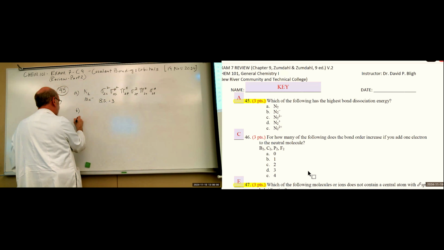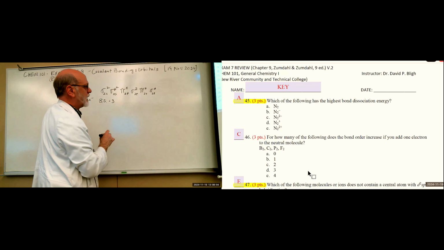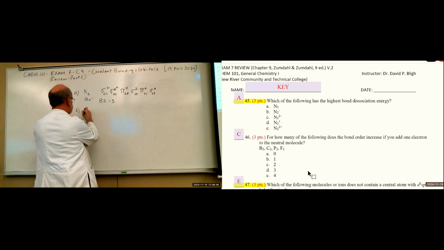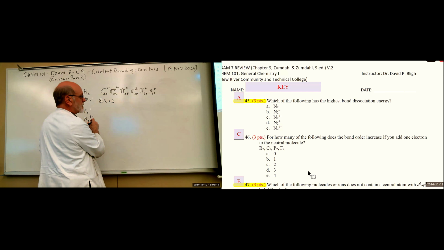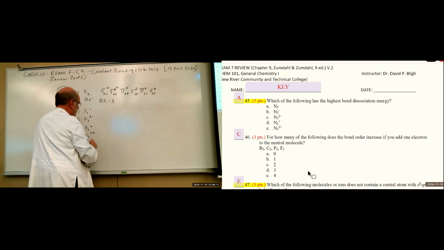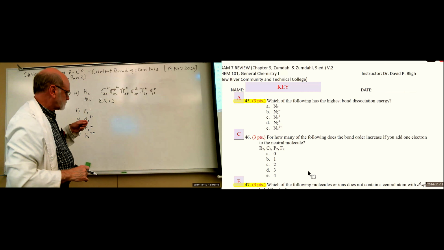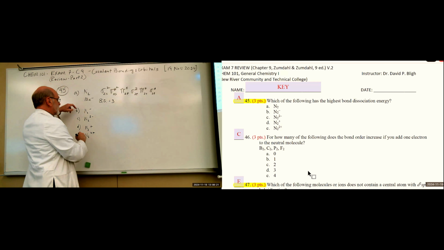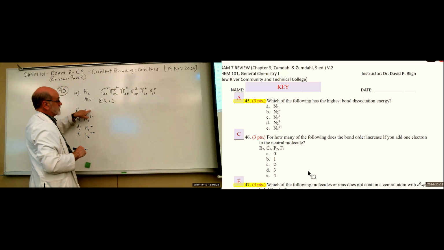If we go to the ions, N2 minus, N2 2 minus, N2 plus, and N2 2 plus. All we really need to do is say, if we add an electron, where's it going?